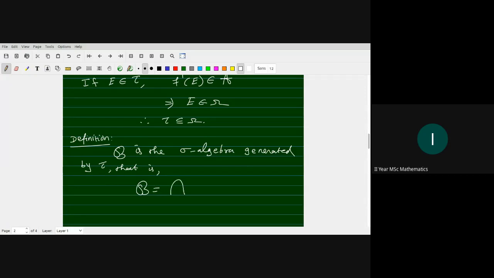Script B is the intersection of all sigma algebras containing tau.